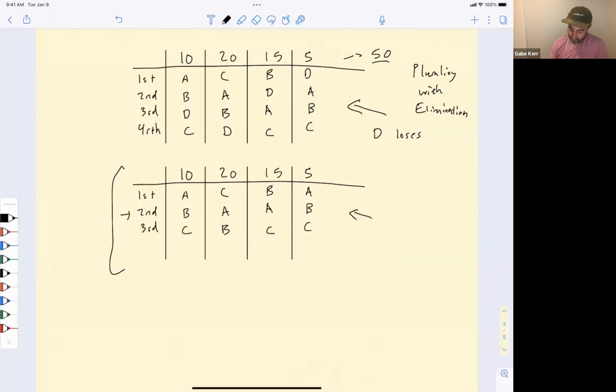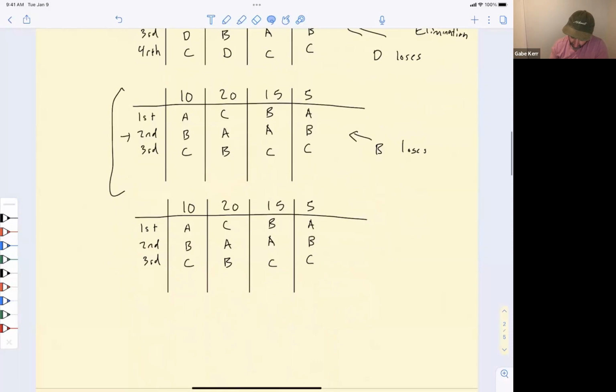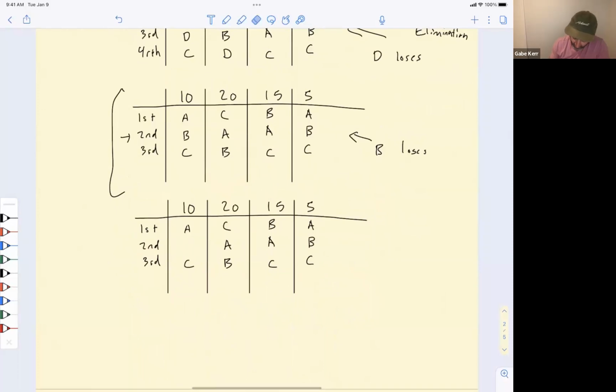So I think B would lose here. In that case, we're going to eliminate B. We always eliminate the loser. And we'll move up the remaining candidates.